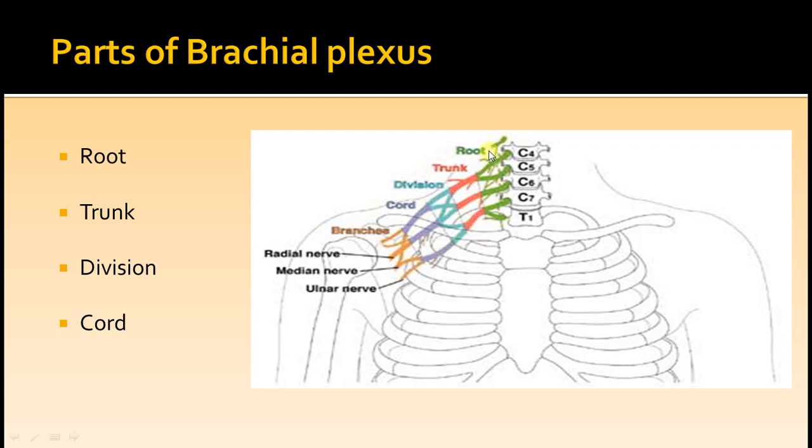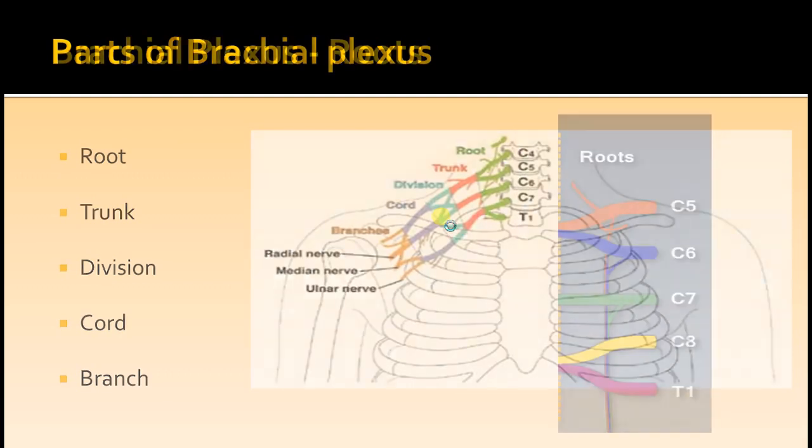Branches are given at the root stage and also at the trunk stage, but not at the division stage. Okay, so I repeat: there are 5 stages in the formation of the brachial plexus: the root stage, the trunk stage, the division stage, the cord stage, and finally the branch stage.